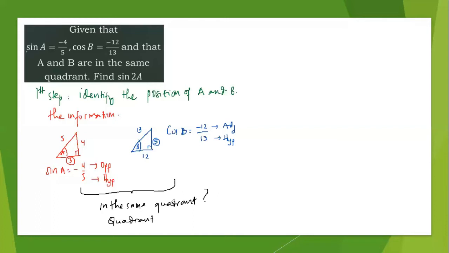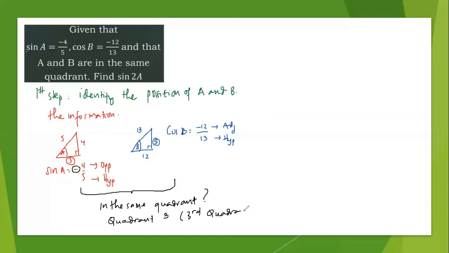First quadrant? No, sine is negative. Sine A is negative, cosine B is negative. So where's the position? Third quadrant. Yes, the third quadrant.